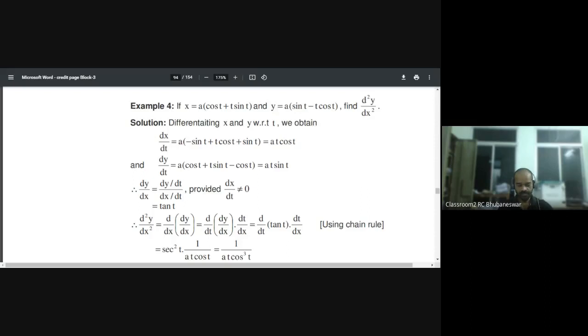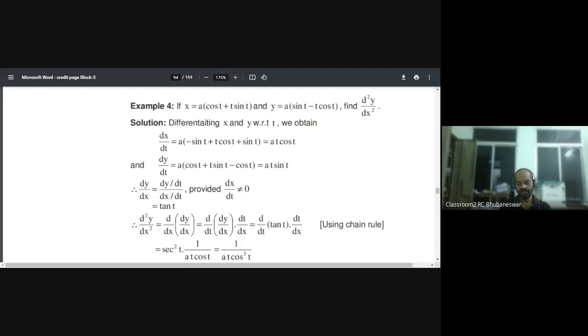First we calculate the derivative of the result obtained in dy by dx, that is tan t, with respect to t. Then finally we calculate the derivative with respect to x, that means dt by dx. That is the simple trick we use whenever we adopt this kind of parametric representation in higher order derivatives. The derivative of tan t is sec square t according to the formula.